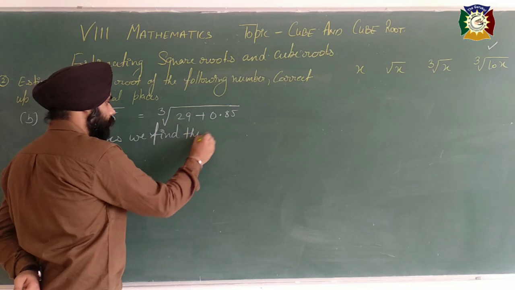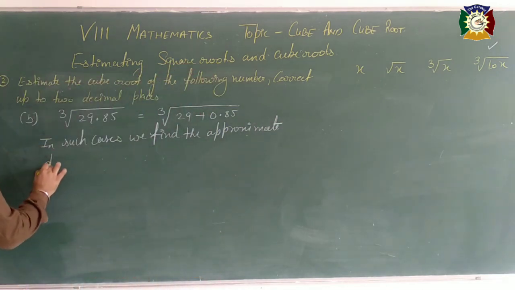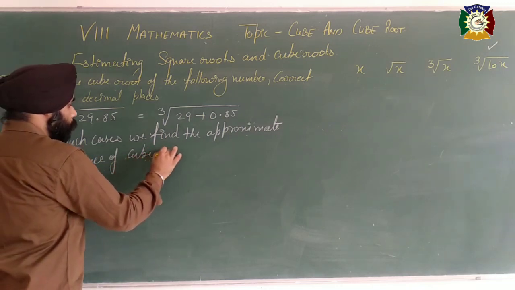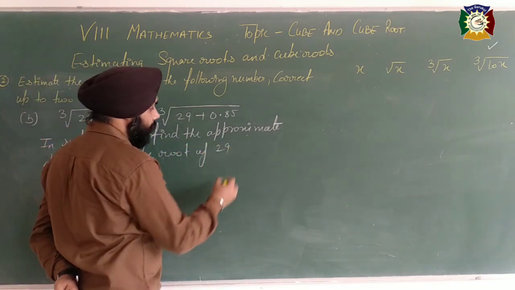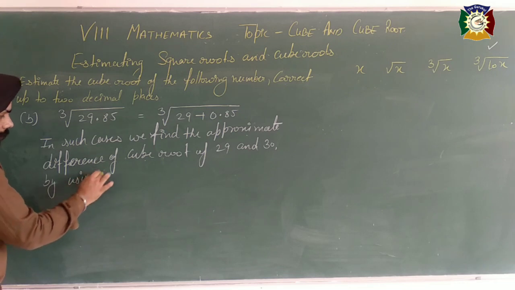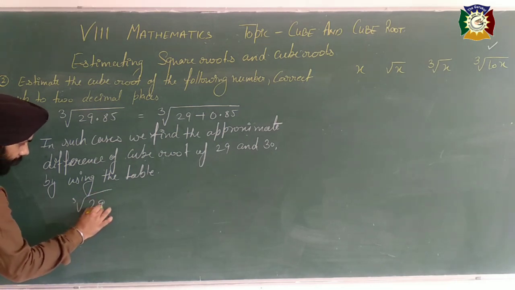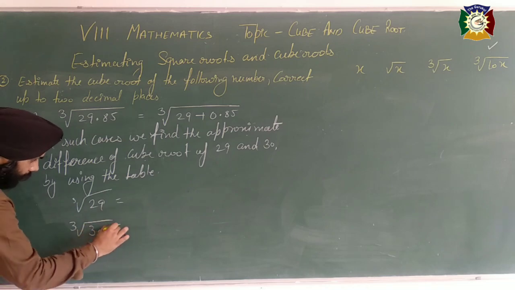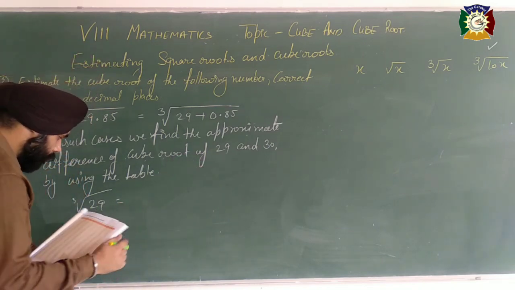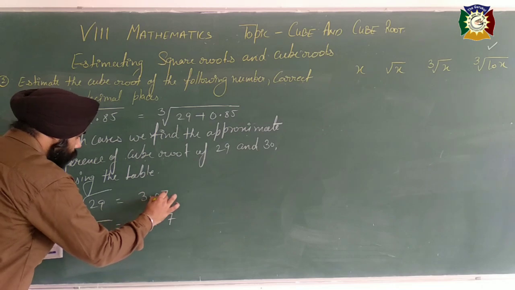We get the cube roots of 29 and 30 from the table. The cube root of 30 is 3.107, and the cube root of 29 is 3.072.